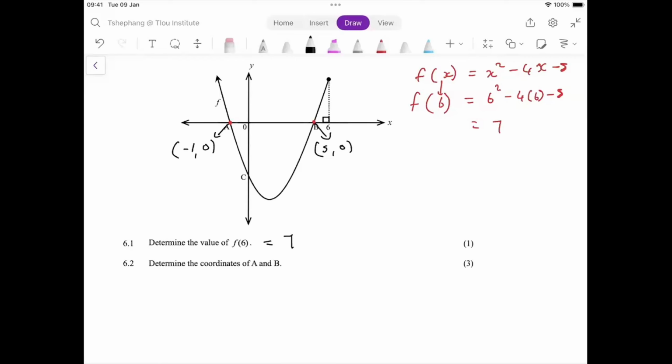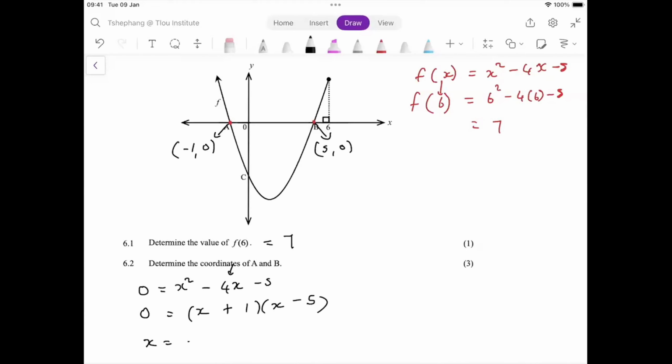Okay, let's quickly check. How can we find those coordinates? We know we are going to say 0 is equal to x squared minus 4x minus 5. 0 is equal to x minus 5 times x plus 1. One is going to be positive, the other one is going to be negative. I'm going to have a -5 here because I need a -4 and a +1.